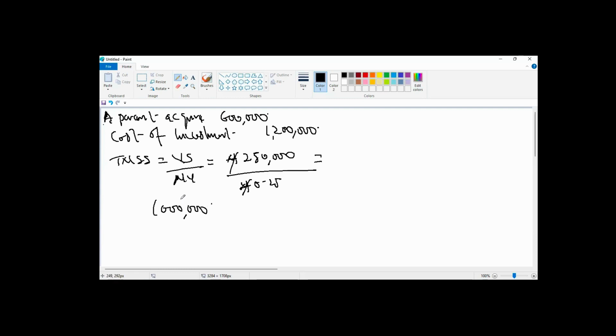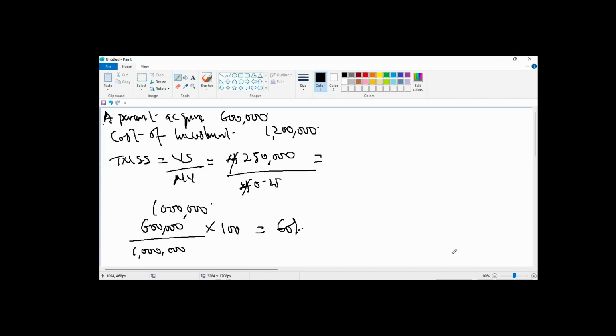I can now calculate the group structure. Parent acquired 600,000 over 1 million, that's 60%.